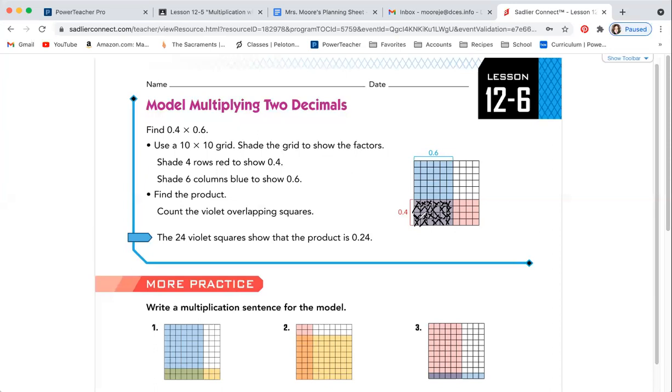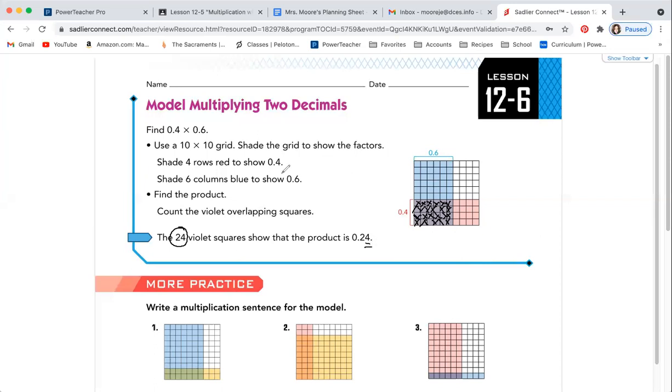And how many of those little tiny boxes have X's in them? 24 of them, right? 24 out of what does the total group contain? 24 hundredths.